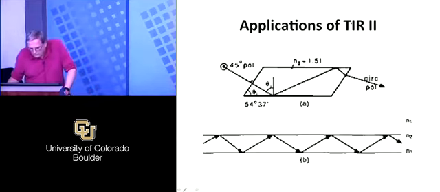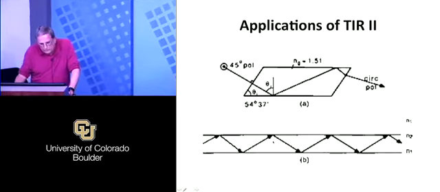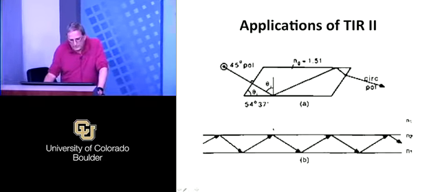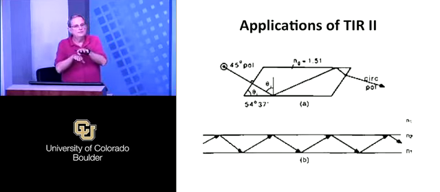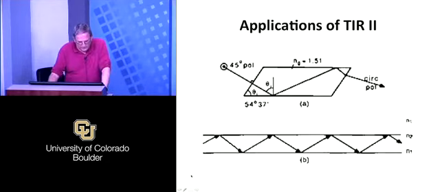Okay, another example over here would be, let's say we have lower index on the inside, higher index on the outside. Or excuse me, just the opposite: higher index on the inside, lower index on the outside. This here could be a glass plate, and this could be a candle, a flame at the end of it.